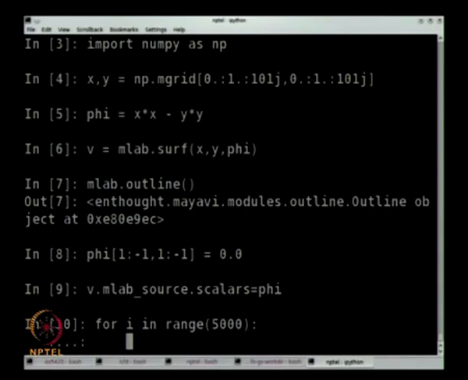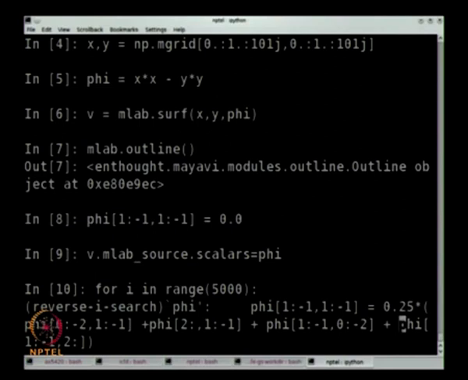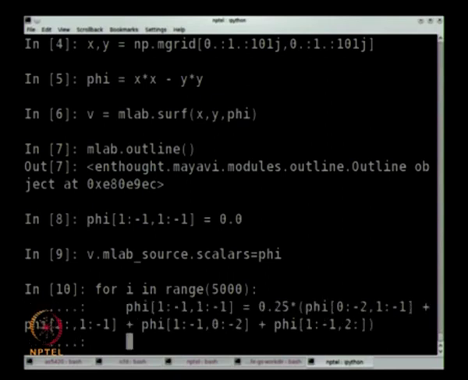Let us see if we can find the Jacobi. Control R P H I, I will just search back. Okay, that is Jacobi iteration. Is that fine, everyone? Okay. And I am going to plot only the phi.